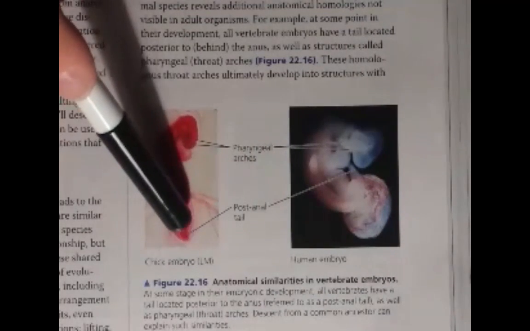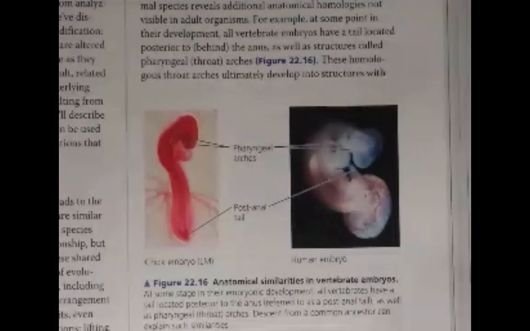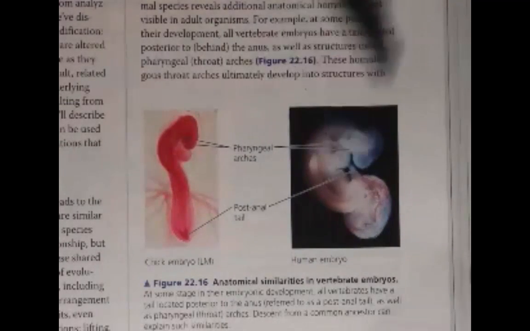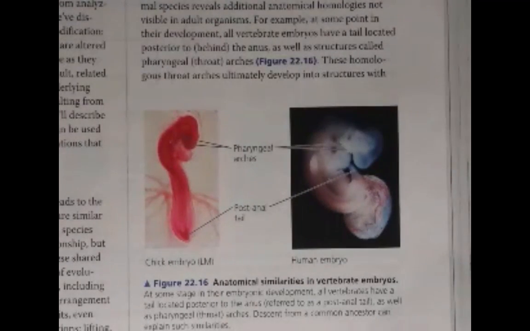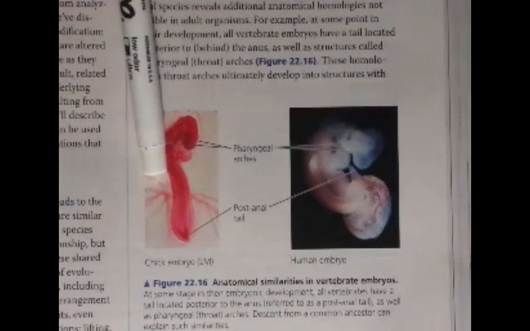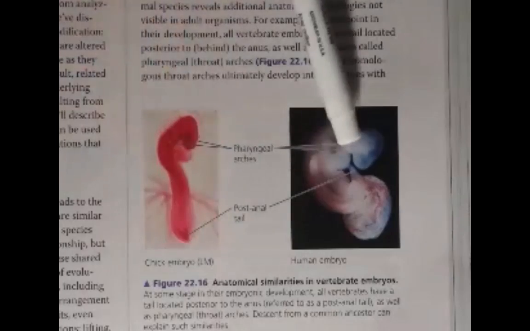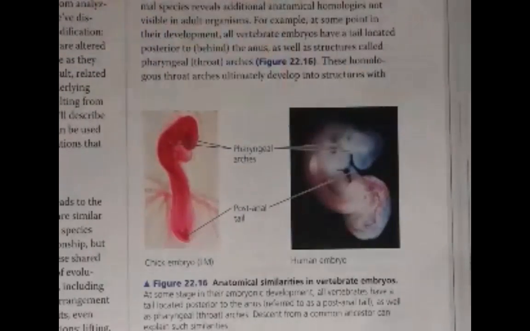We also see the postanal tail in the chicken embryo, and the postanal tail here in the human embryo. We can see by looking at these embryos that there's a lot of shared anatomical homology. So what happens as this chicken develops into an adult chicken, and this human embryo develops into a human? What happens to these pharyngeal arches and the postanal tail?